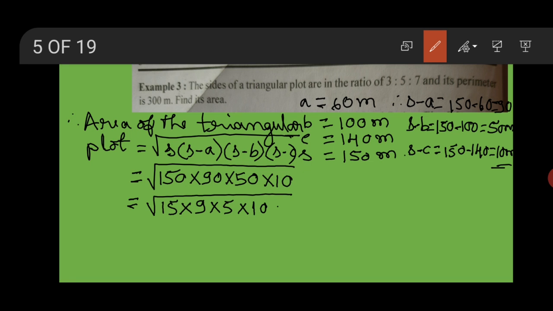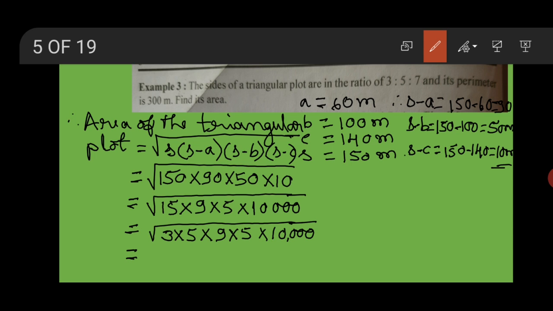It is equal to, see, 4 zeros followed by 1. Now again simplify. I can write 15 in this way. 3 5s are 15, 9 keep as it is, 5 keep as it is. This is 10,000, keep as it is.